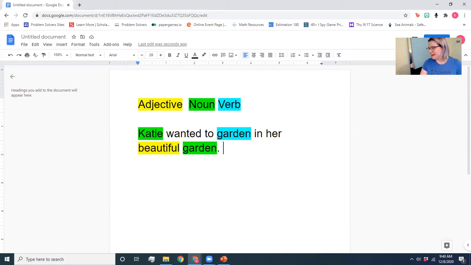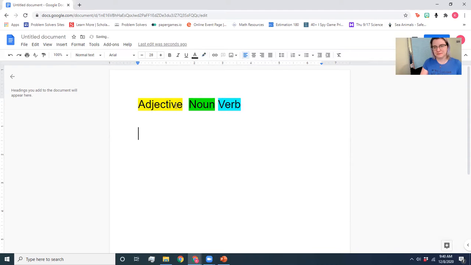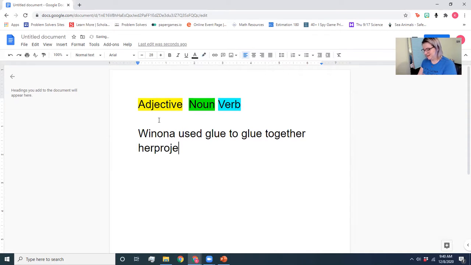Let's see. What about this one? Winona used glue to glue together her project. Let's highlight. First off, let's put spaces between our words.